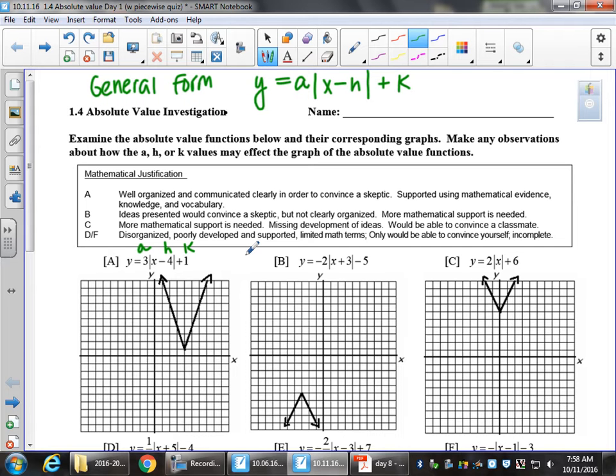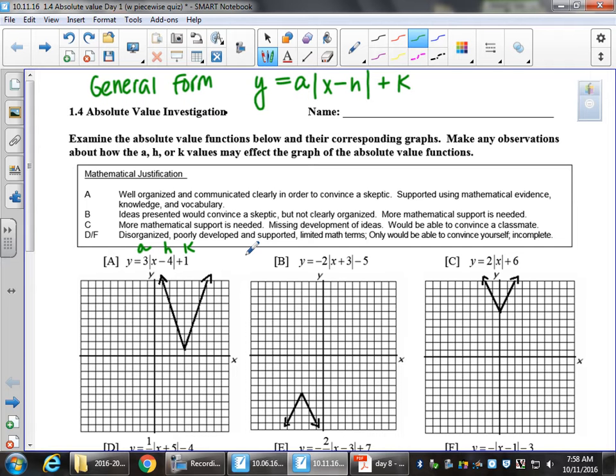So those values of a is 3, h is 4, and k is 1. All three of those numbers directly affect why that graph looks the way that it does. So the goal is, by yourself or with a partner, can you make connections between those three numbers we just talked about and that graph?